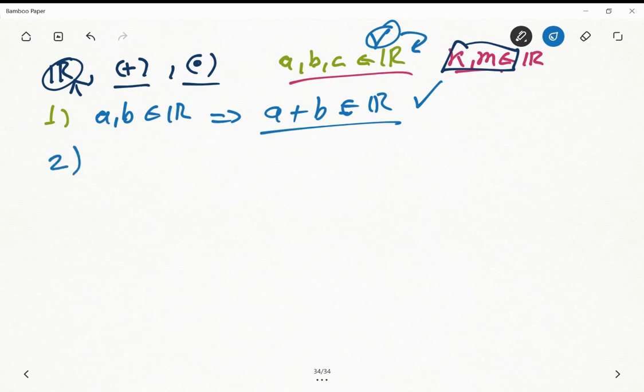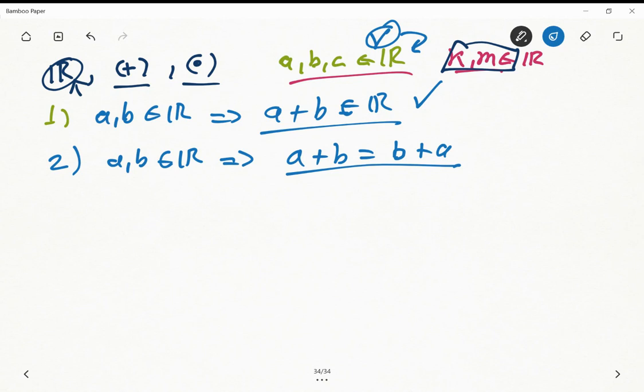The second axiom says that given two vectors a and b, in this case real numbers, the summation commutes. And we know that this is true for all the real numbers, so checked. Then we need to check the associativity.